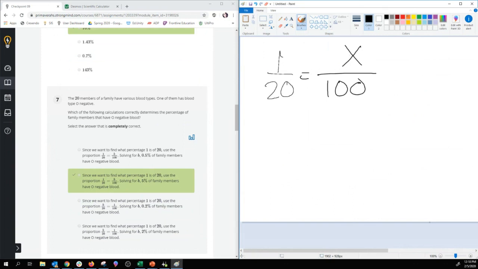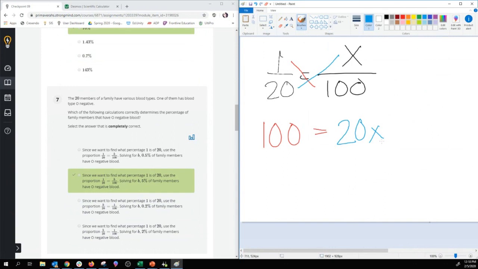So this is where we're going to do cross multiplication, right? So I'm going to multiply diagonally. So 1 times 100 is just 100. And then I'm going to do X times 20, which is 20X. Now, I need to get rid of this 20 next to my X to get X by itself.